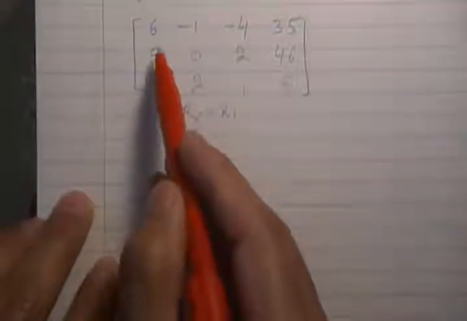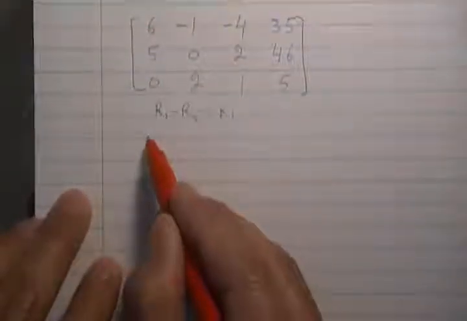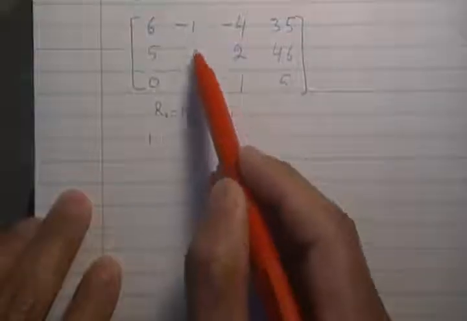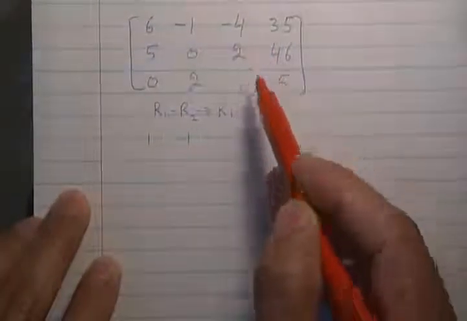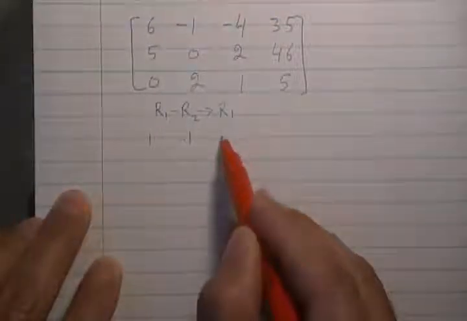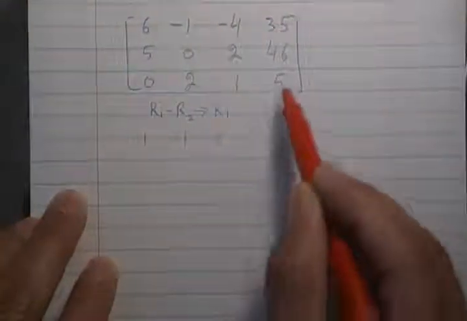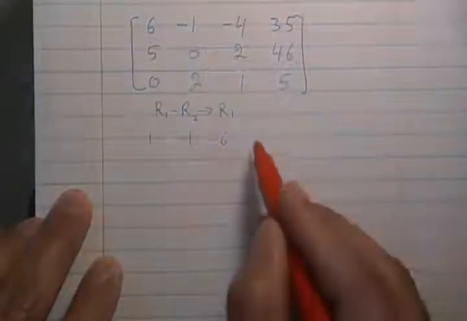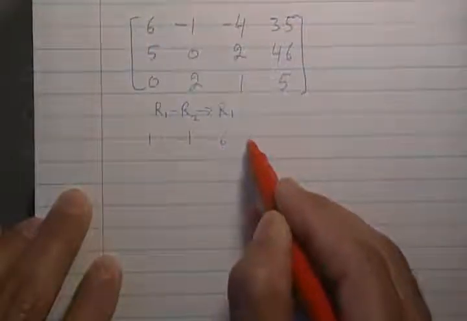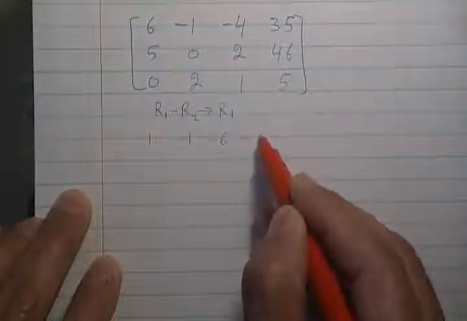Now it would be 6 minus 5 is 1, and then -1 minus 0 is -1, -4 minus 2 is -6, and 35 minus 46 is -11.